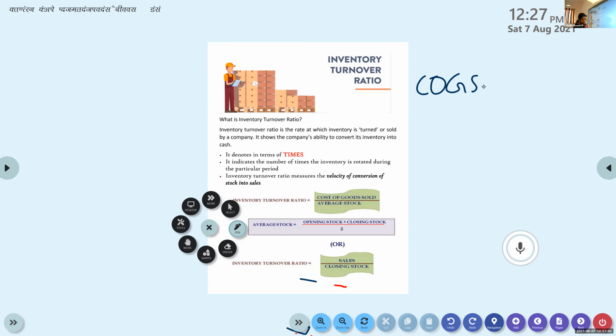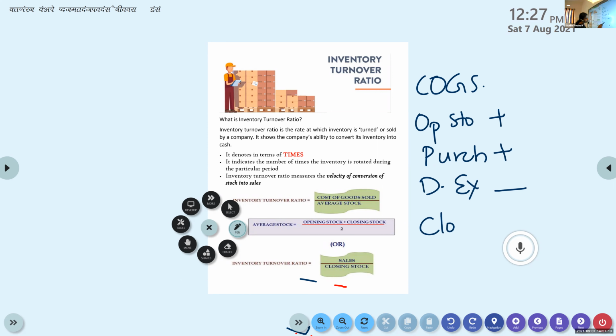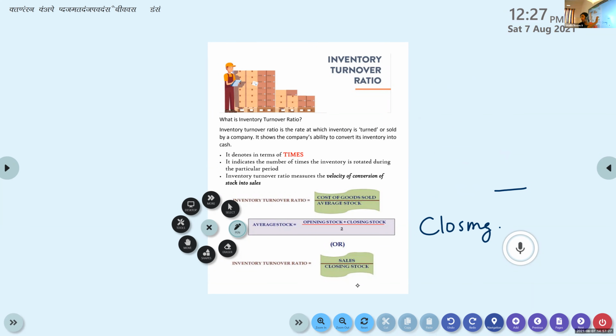Depending upon the debit side, opening stock plus purchase, where purchase means purchase minus purchase returns, plus direct expense minus closing stock. And coming to the credit side, it is total sales, where total sales means sales minus sales return, minus gross profit.